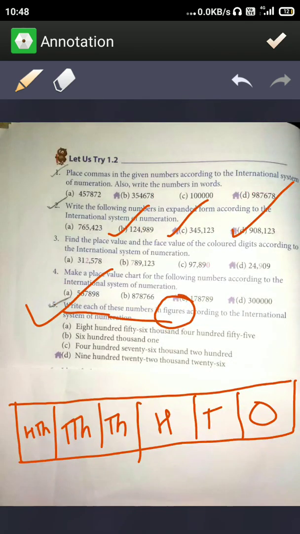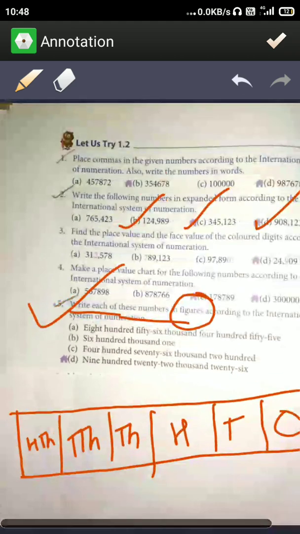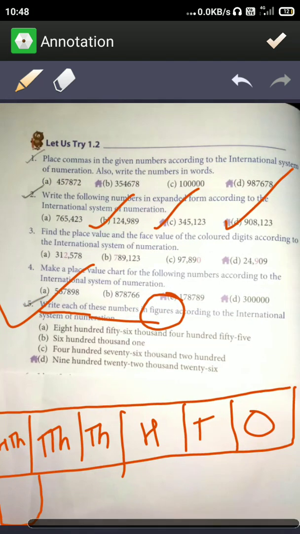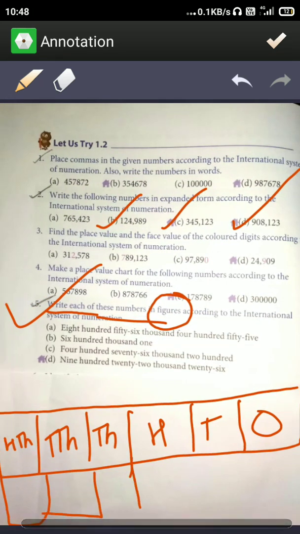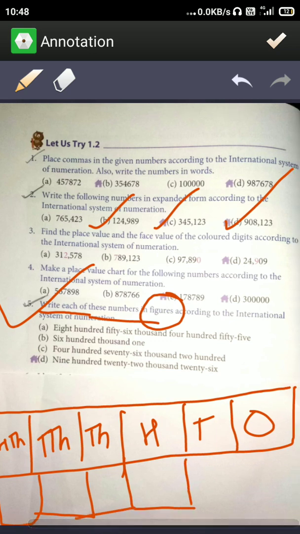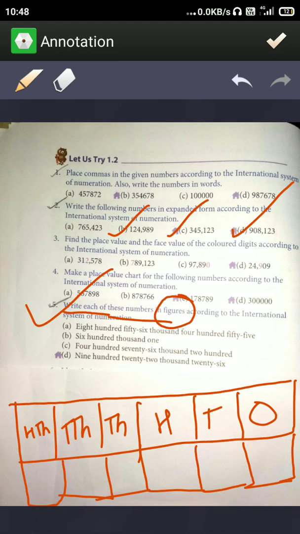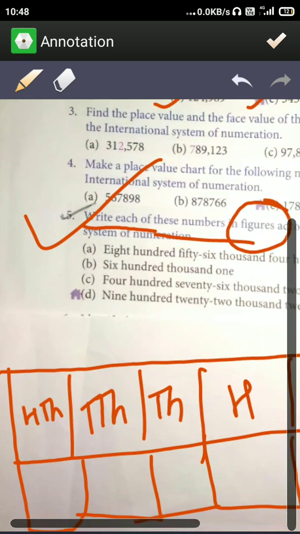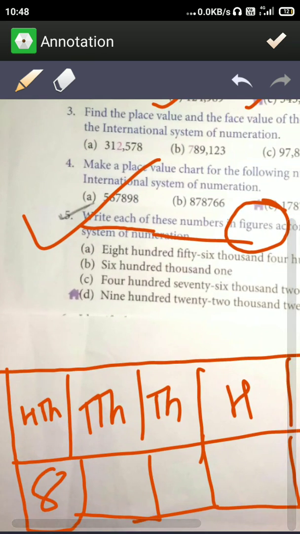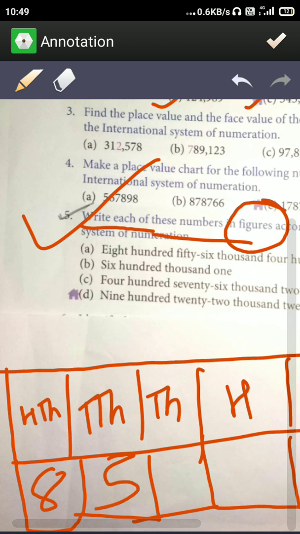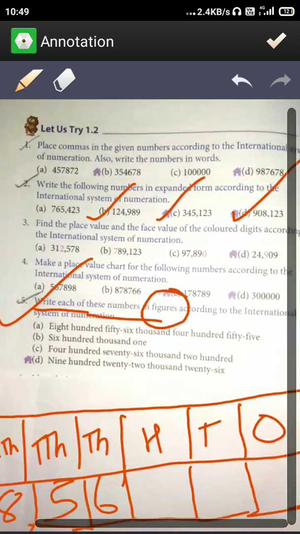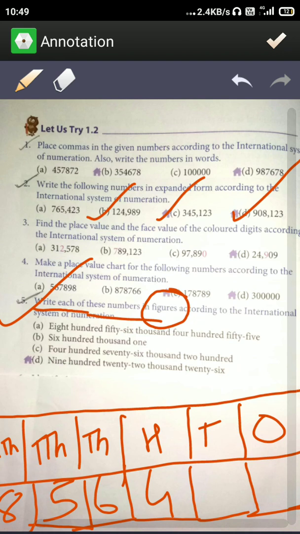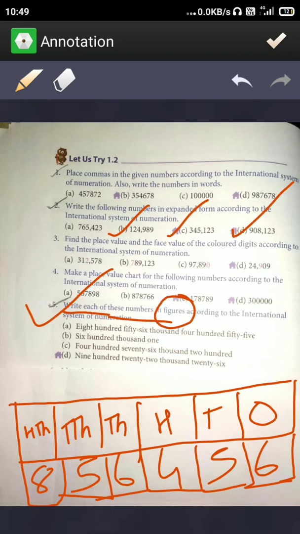Okay, so what is in word form? 800... 856,000. 800, how many thousand? 56,000. And 456. Now you can place a comma after 3 digits here.